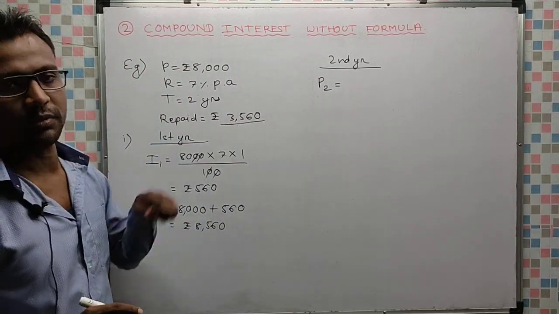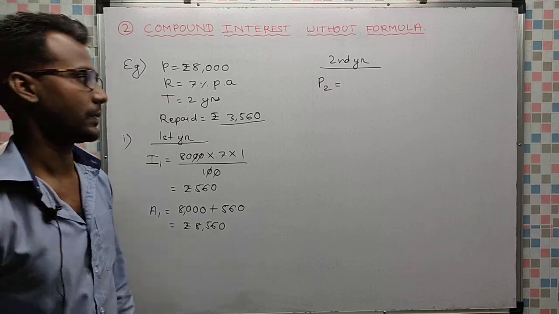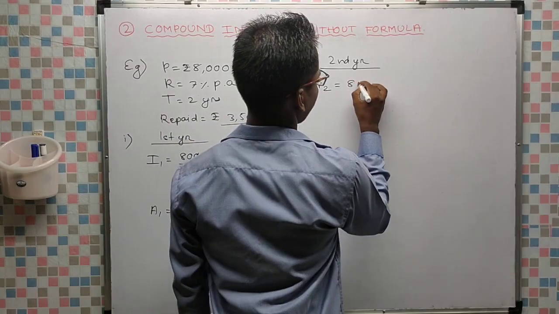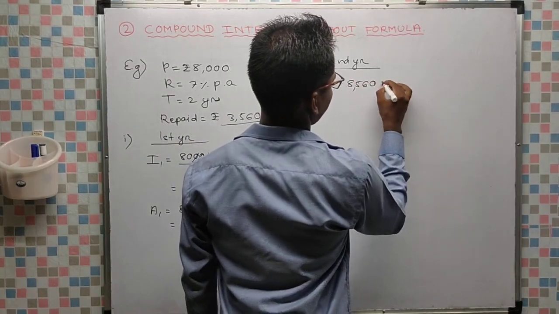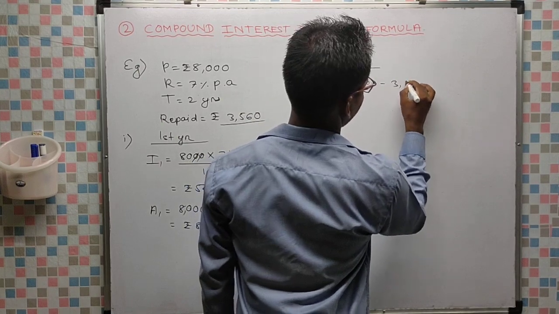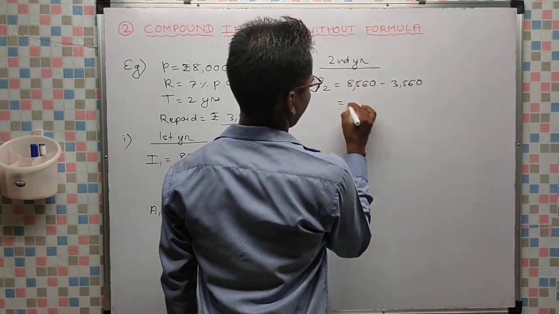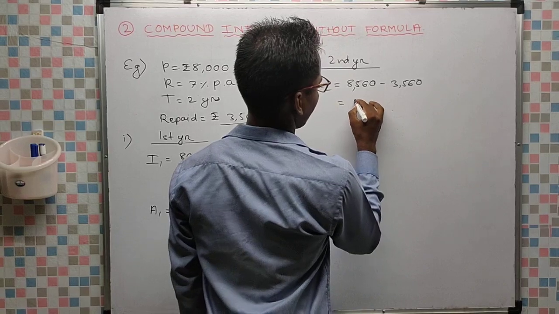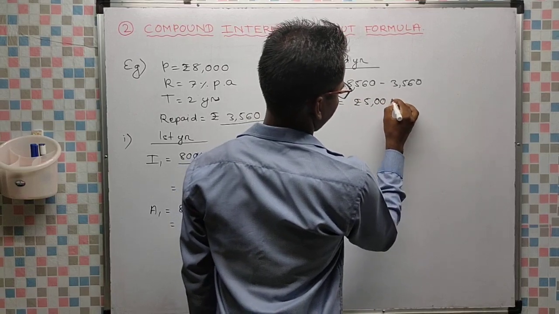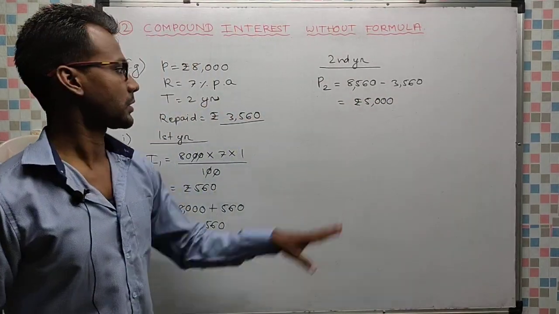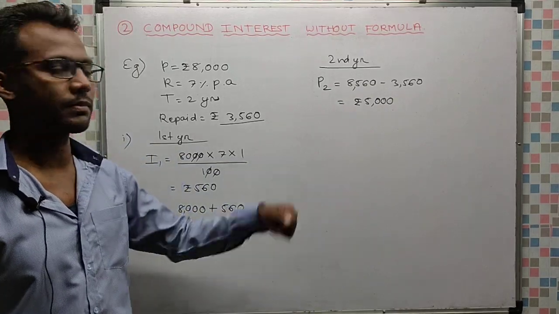So you have to subtract this from 8560. So principal is equal to 8560 minus 3560, which is equal to rupees 5,000. So principal for the second year is equal to rupees 5,000.